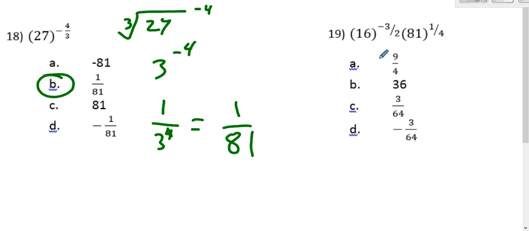Number 19, same concept. Square root of 16, the negative 3rd power. And then 81 to the 1/4 means the 4th root of 81. So square root of 16 is 4. The 4th root of 81, we just did that a second ago. 3 to the 4th is 81, so that's just 3.